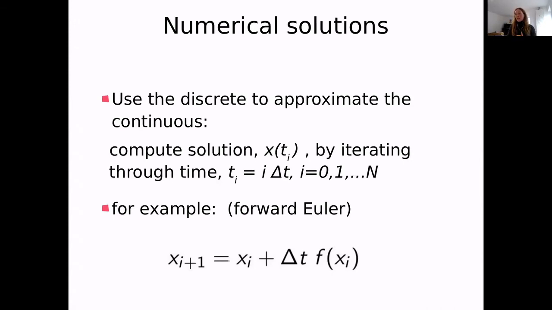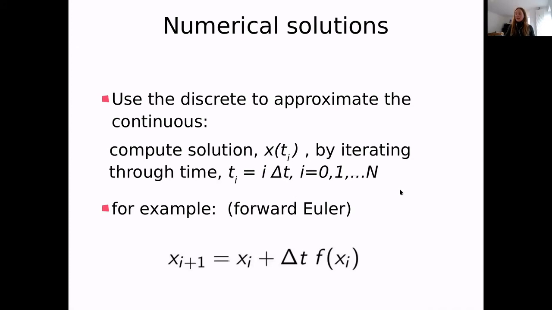And the basic way to do this is the forward Euler method, which we are going to take a look at. Just like the bank discretized the time in years, we are going to discretize the time in these delta t pieces.